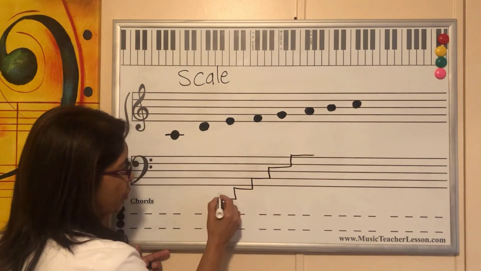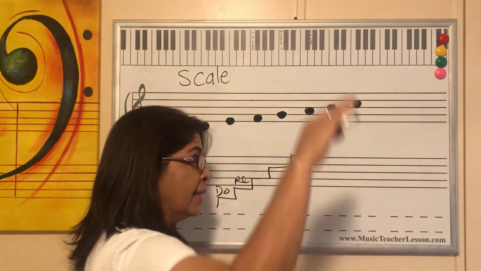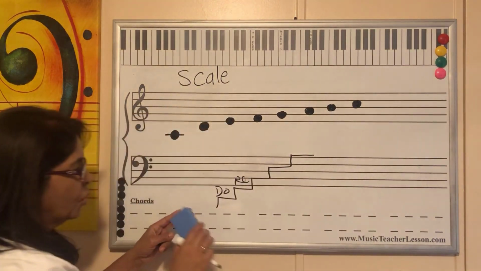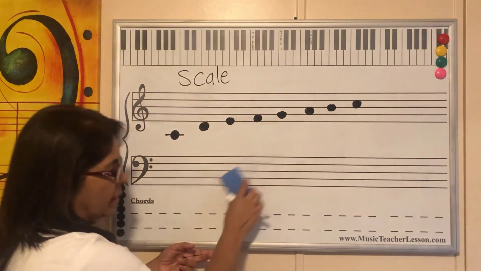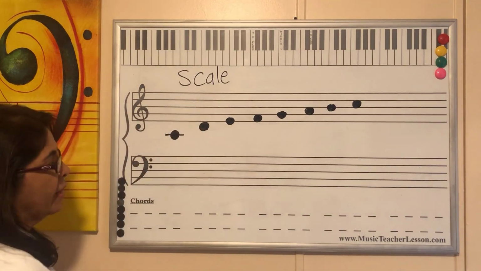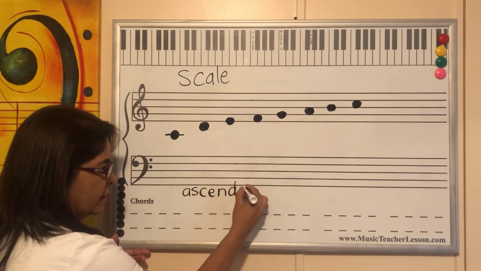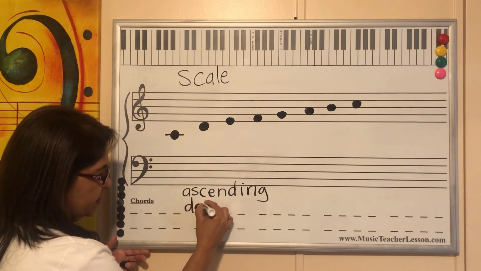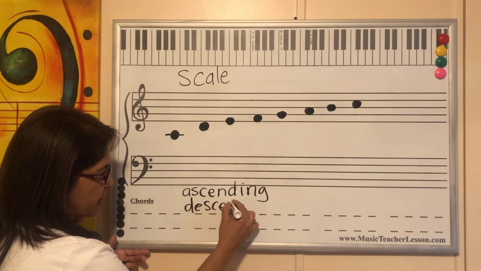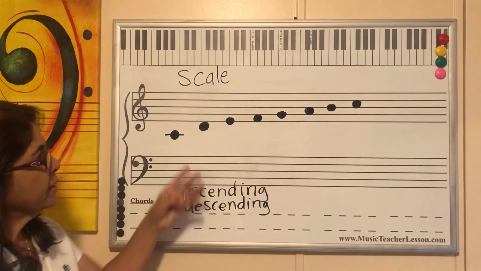And we go from do, re, mi, fa, sol, la, si, do, from the low note to the high, or it can be backwards, of course. It can be ascending, goes up, and if you go down, descending. So that's how the scale can go.